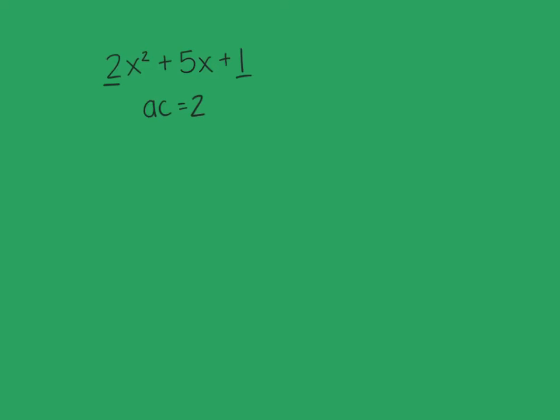So if you get a situation like this, where you've checked all the possible numbers that multiply to this, and none of them add to get your B, then this is a special situation. It's called a prime polynomial. Maybe you've heard of a prime number before. It can only be divided by 1 and itself.